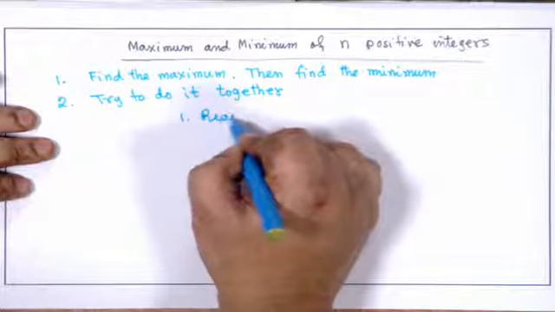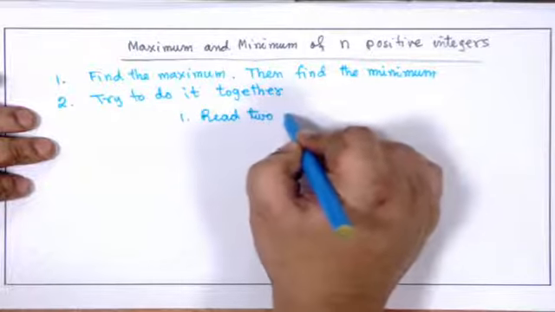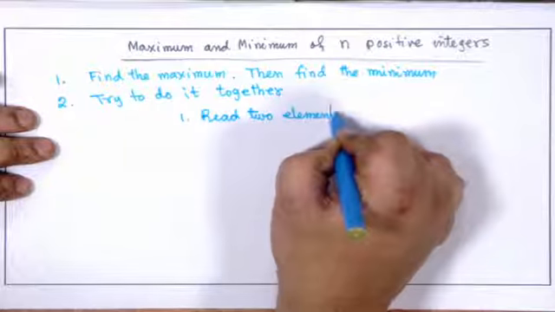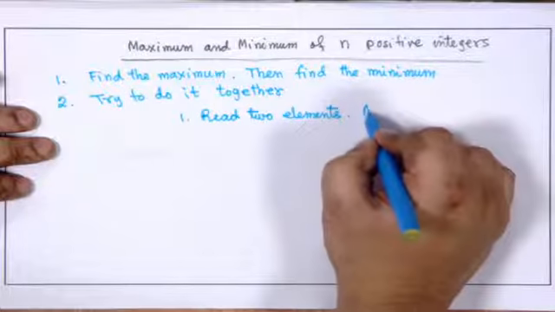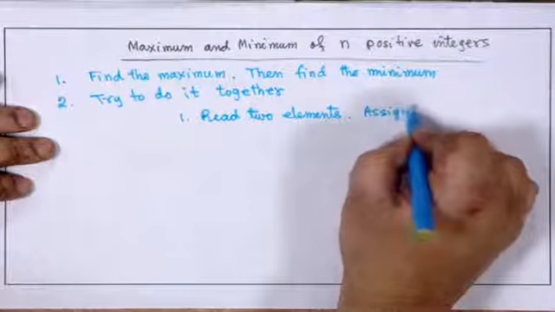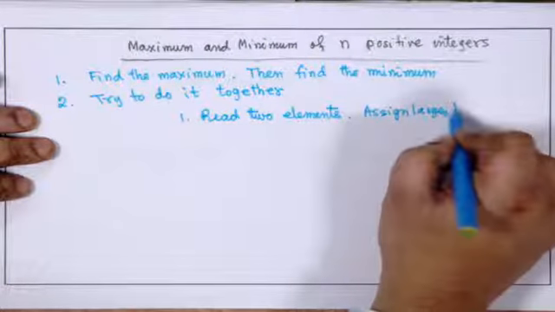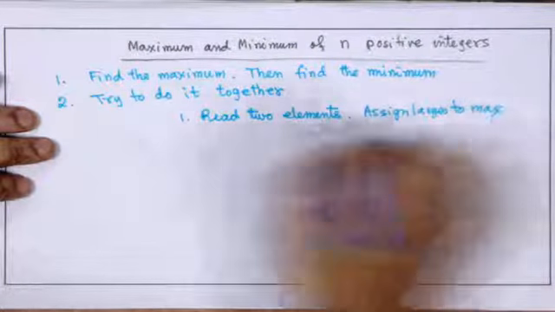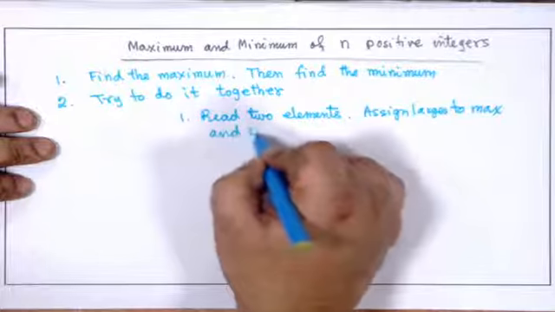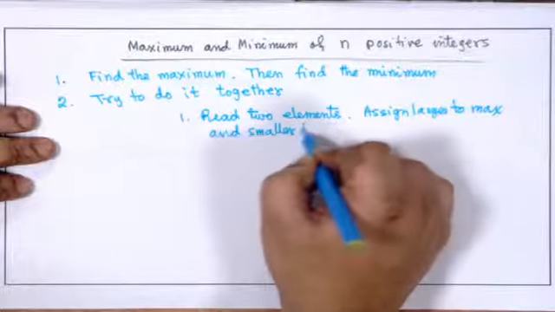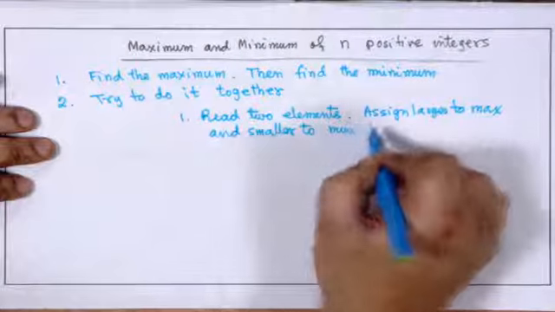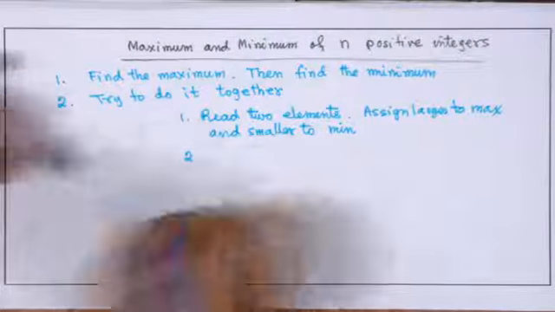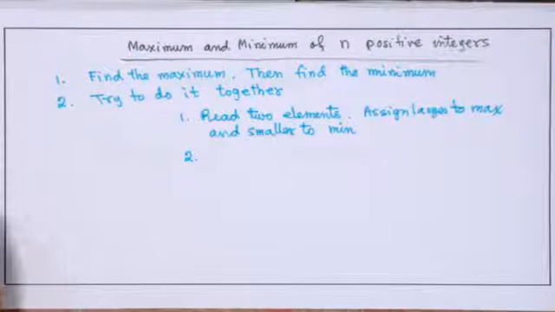Read two elements, assign larger to max and smaller to min, and then they would read one element at a time and update this max and min value as the two variables that they have and proceed till the end.